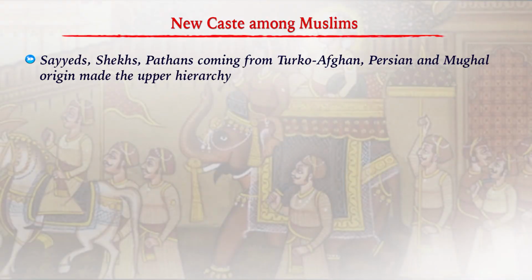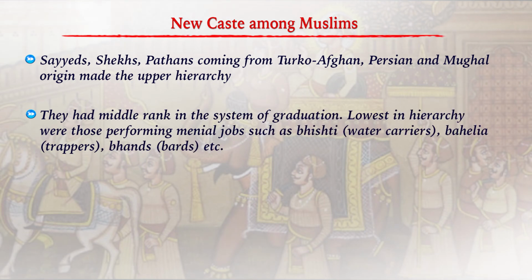Sayyids, Sheikhs, Pathans coming from Turco-Afghan, Persian and Mughal origin made the upper hierarchy, and then we had the host of middle rank Muslim castes of artisans, weavers, cultivators and traders who were named by local names such as Julaha, Ansari, Darzi, and they were basically occupation based.